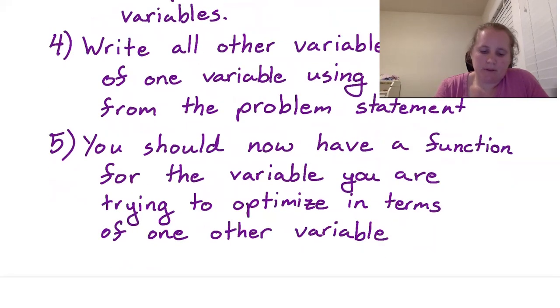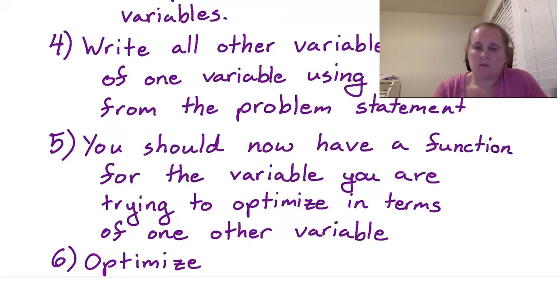And then we are going to optimize. So you'll find the critical values, find the endpoints, and run your optimization process, and then answer the question.